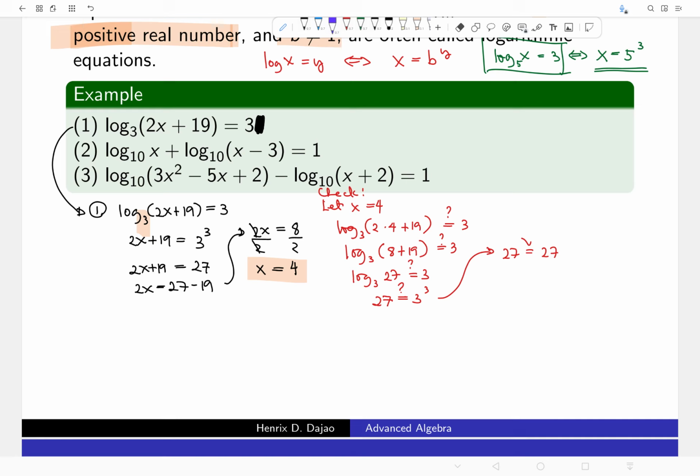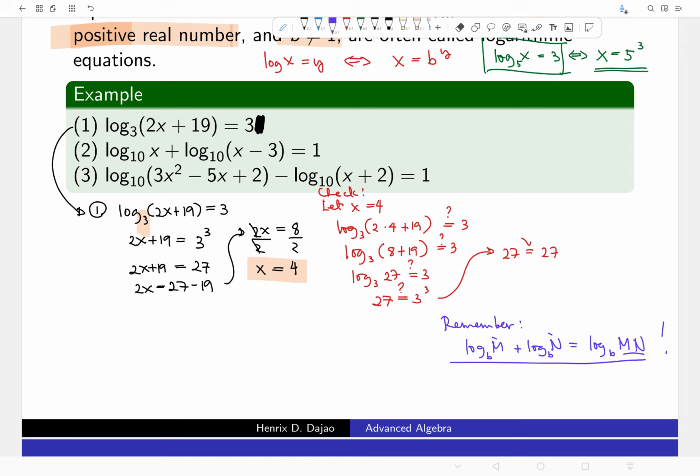If you can still remember, the property is that the logarithm of m with base b plus the logarithm of n with base b is equal to the logarithm of the product, with base b. So you're going to multiply m and n. We're going to apply this property right here.